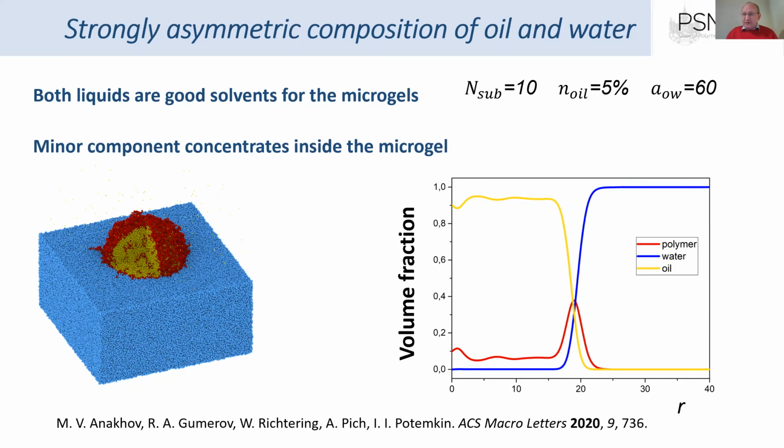Is it a miracle? No, it's not a miracle, and indeed it is possible. It is possible because when the oil comes into the microgel, it forms a pretty dense shell around the oil droplet. So we can see this elevation of the concentration of the microgel at the periphery.